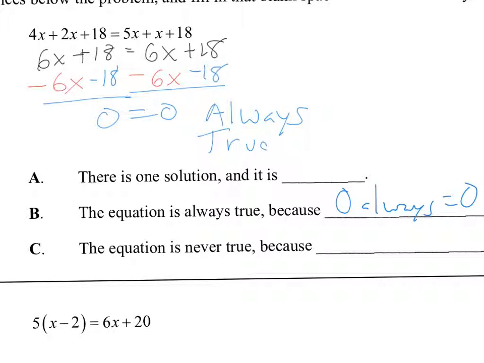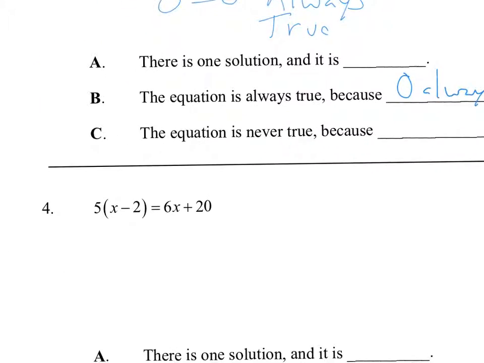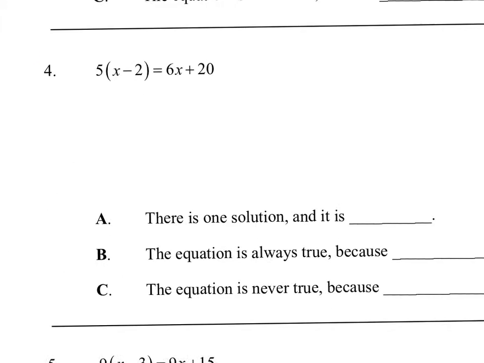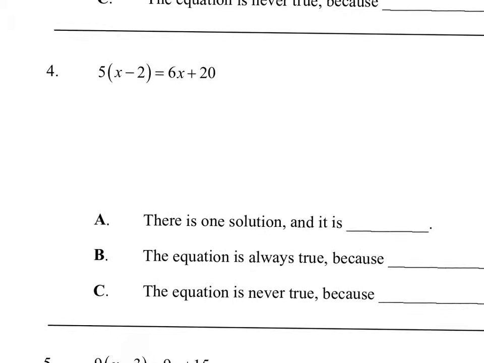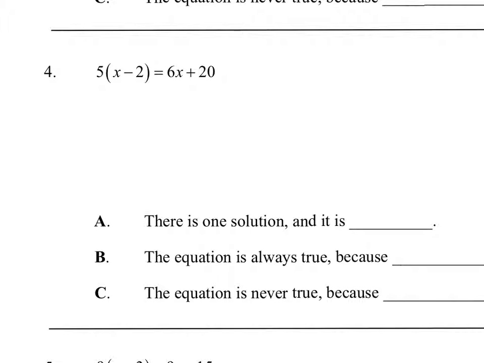So let's take a look at number 4. The first thing we're going to do for number 4 is we're going to distribute. So we're going to distribute the 5 to the x and the 5 to the 2. So that gives us 5x minus 10 equals 6x plus 20. So again, I've got a variable term, constant term, constant term.